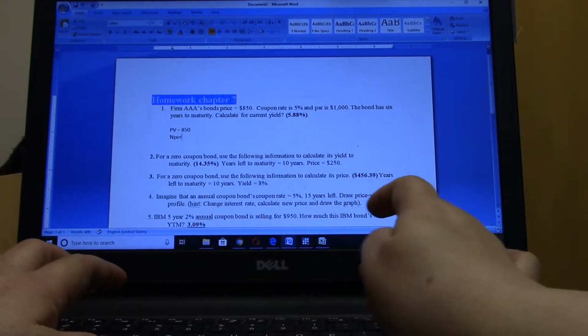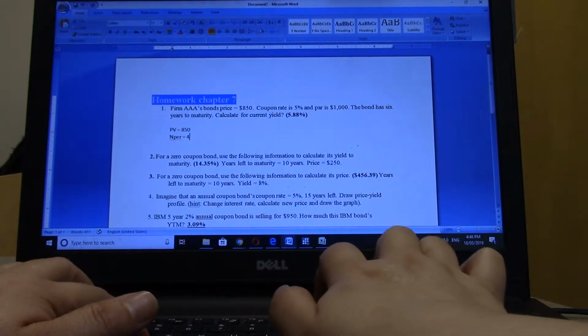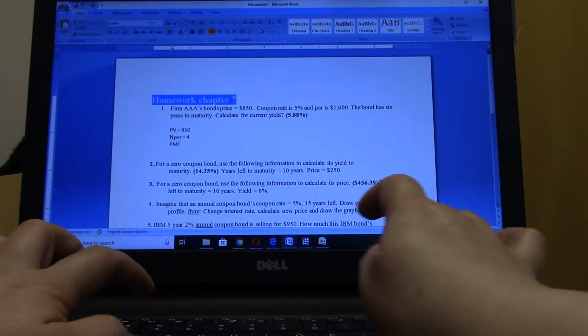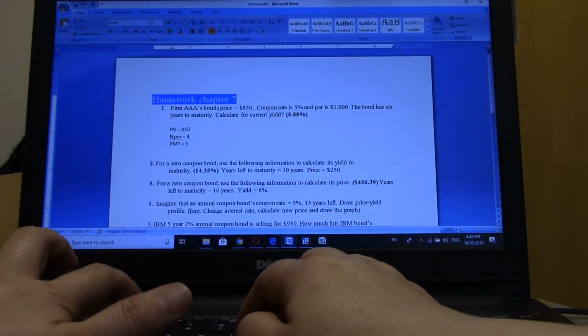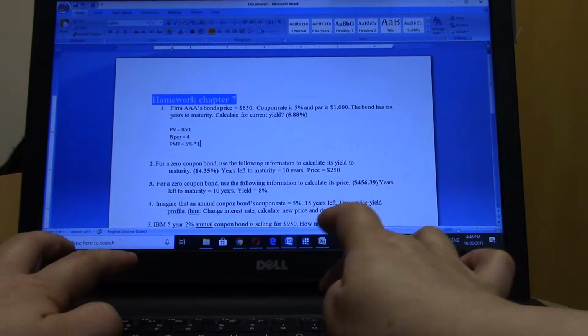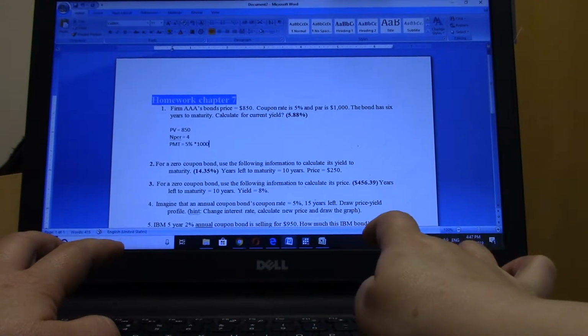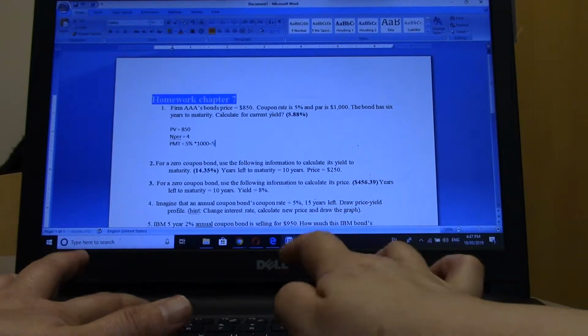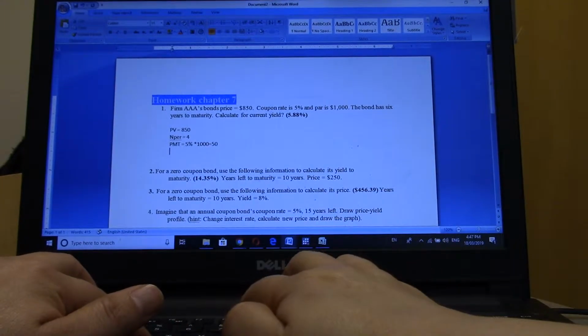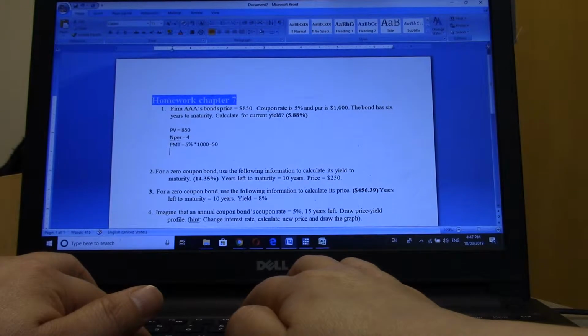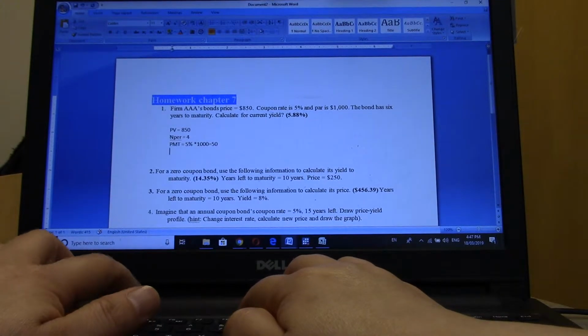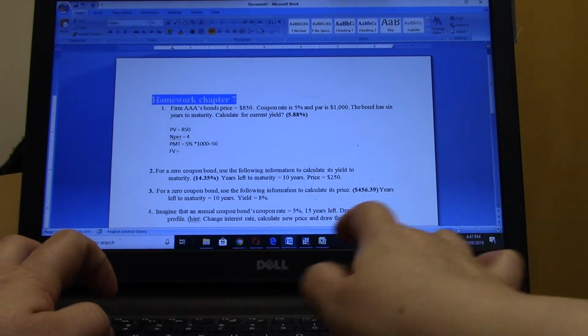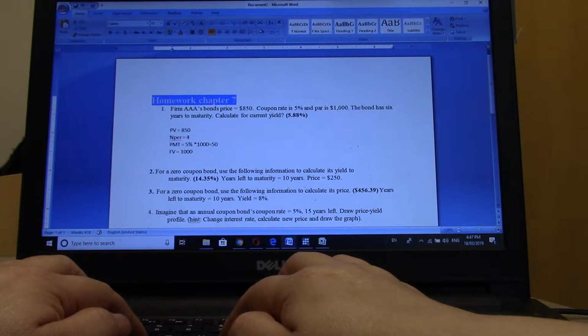N is 6. And coupon is PMT, which is 5%, the coupon rate, multiplied by 1,000. So it should be $50. So bondholders will be getting $50 as coupon payment every year. Okay, so FV for bond pricing is always 1,000.